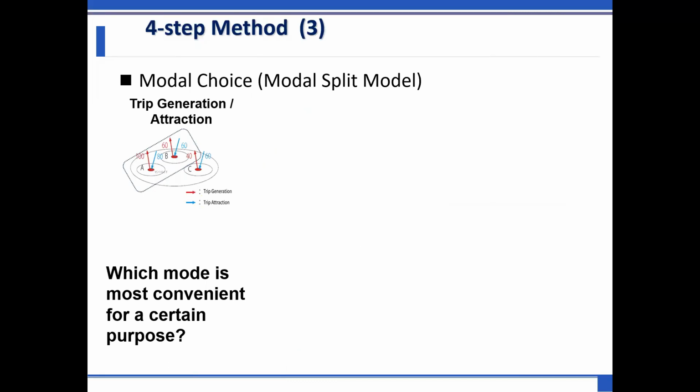The trip generation and trip attraction are as explained in the previous lectures. Trip generation is trips made from the zone, and trip attraction is trips made to the zone, as shown in this small figure. Next, trip distribution is according to A and B, which is called the OD pair, origin-destination pair.